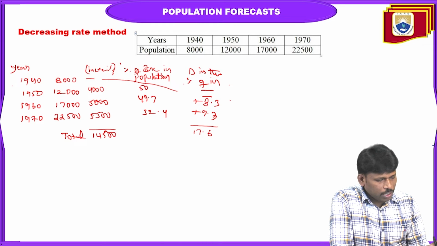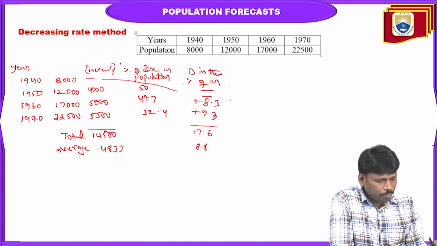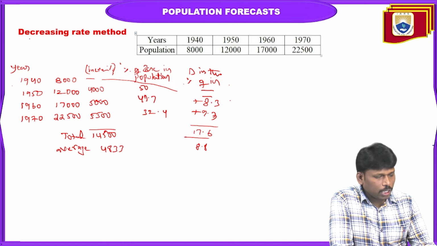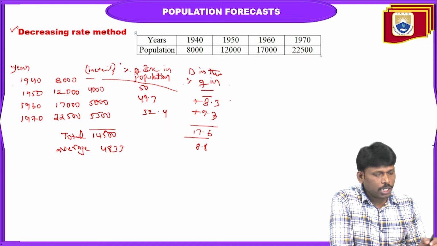The average value here is 4,833, whereas the average value here is 8.8. So these are the basic data to estimate the population according to the decreasing rate of increase method.